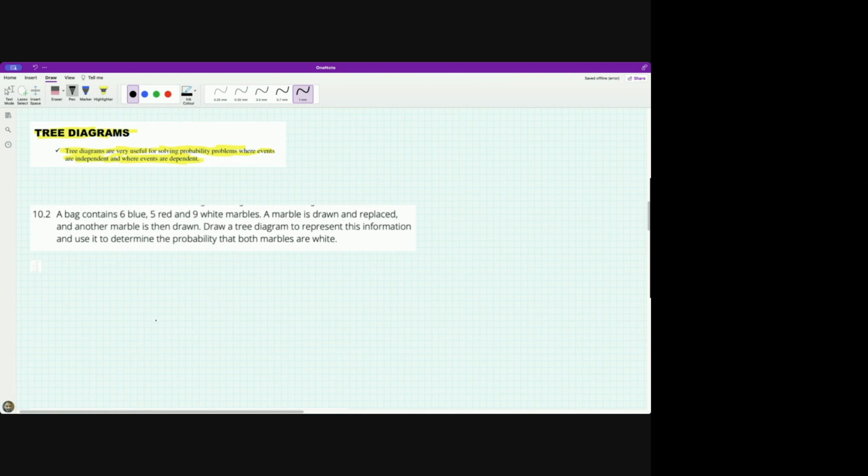And the choices you have, there are 3 different choices. You can have a blue marble, you can have a red marble, or you can have a white marble. Now, what is the most likely color?